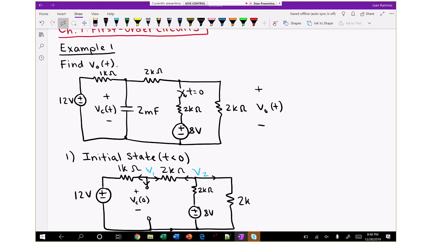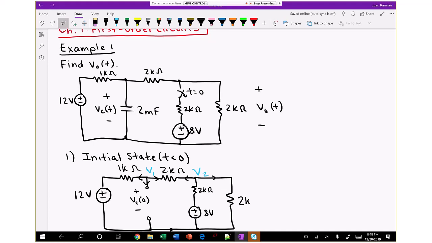They're in series again because the switch is open and the 8-volt, that branch that has the 8-volt source, is no longer part of the circuit.